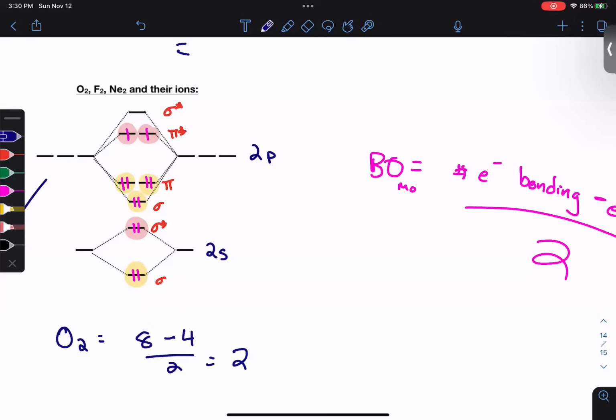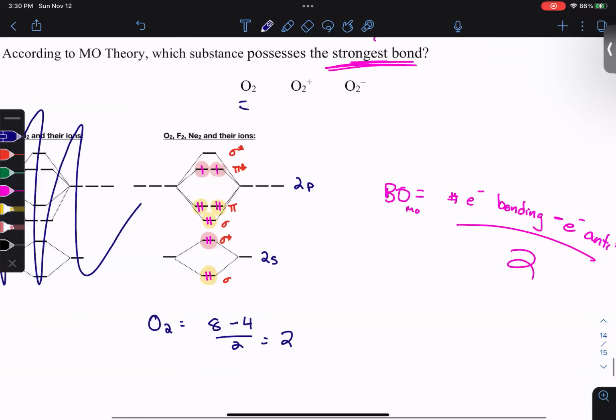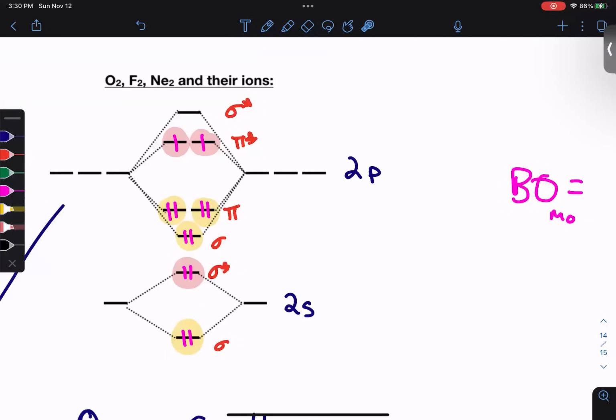All right, so that's neutral O2. What do you think we have to do to make O2 plus? It's a cation, so we take away an electron. But which electron do we take away? The topmost one. Be specific: what kind of MO did we take it from?